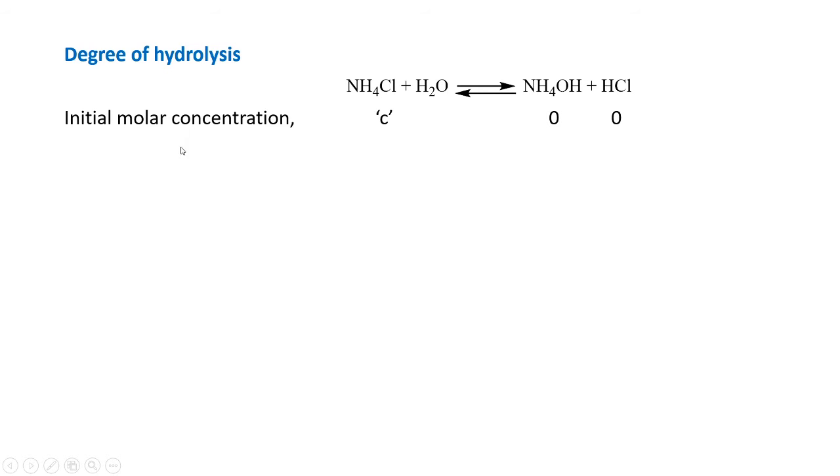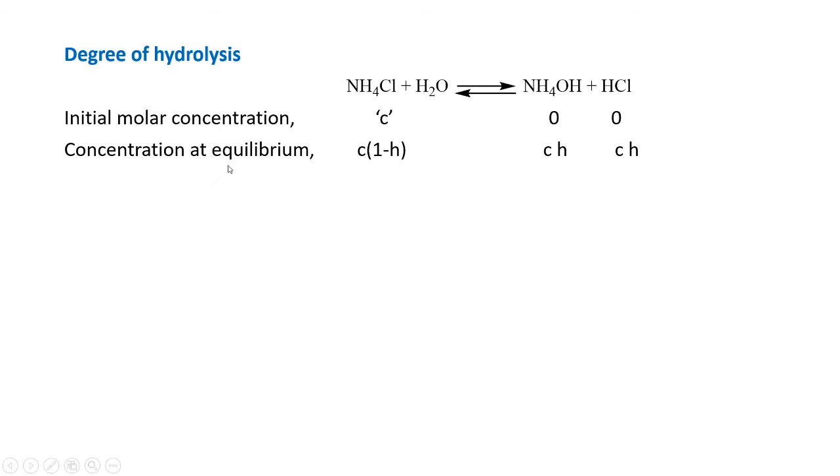Now let us see degree of hydrolysis. Consider this reaction: NH4Cl plus H2O gives NH4OH plus HCl. Now the initial molar concentration of ammonium chloride is C and the initial concentrations of ammonium hydroxide and HCl are 0.